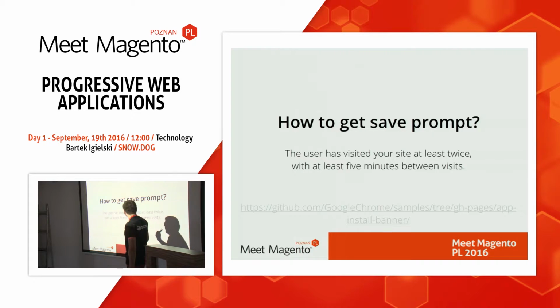So, how to get the save prompt? Probably that will be the goal of, I don't know, your boss or something like that. Hey, I want this up on my screen every time, and ask the user twice a day if he wants to save the application. Hopefully this is not going to work this way, because there's no way to trigger this prompt.